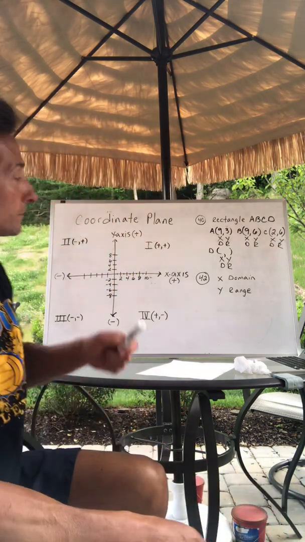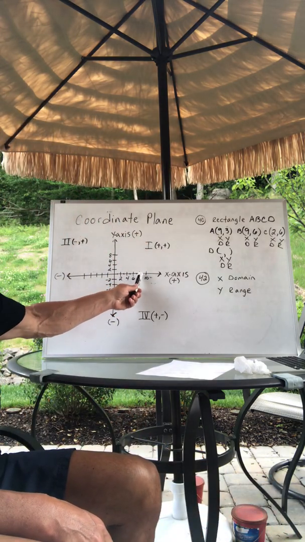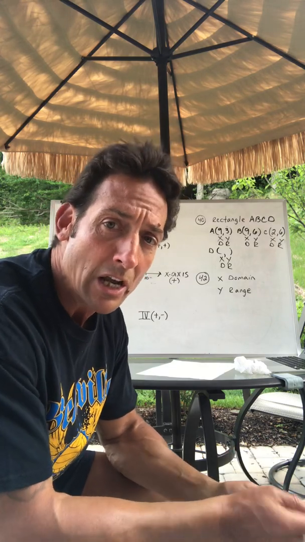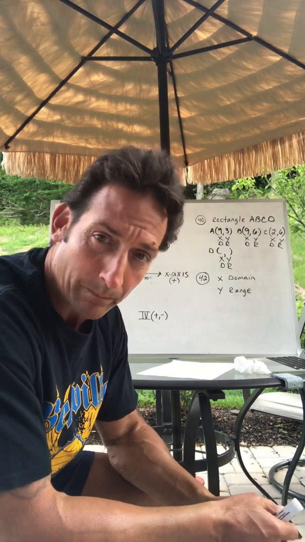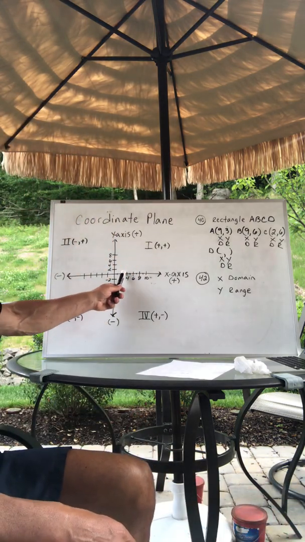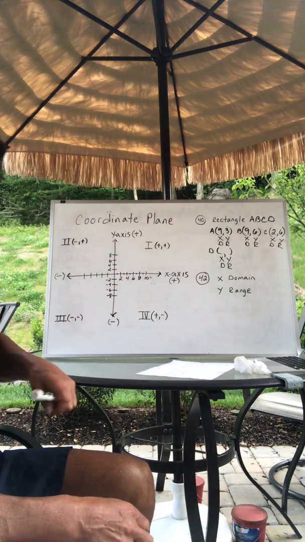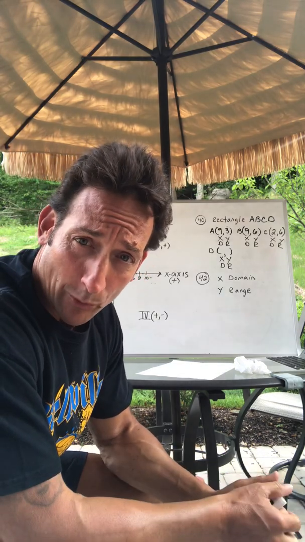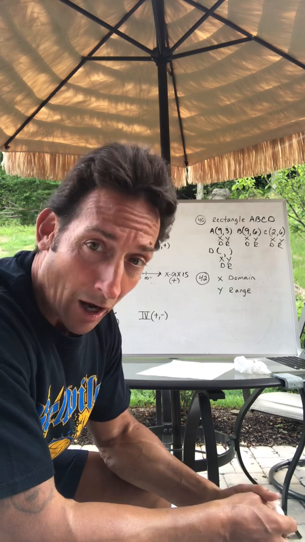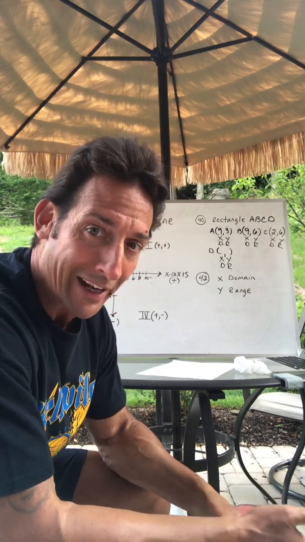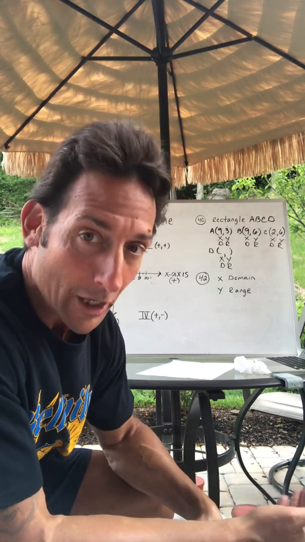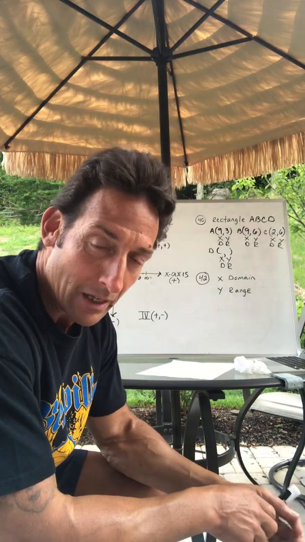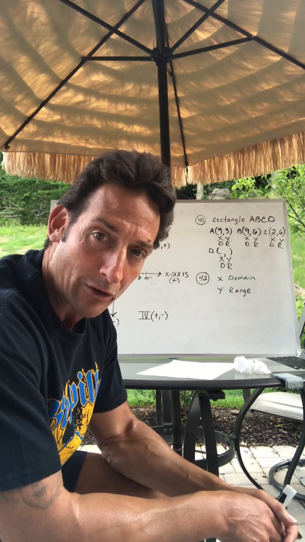So what I did is the big dashes I counted by 2s, and I put a little dash in there to know that that's by 1. So make sure you always number your number line. So in the next question, when they ask you where does M lie on what axis, remember you're on an axis. You're not in a quadrant. So if you're on an axis, you're either X or Y. So know the difference between your quadrants and your axes. Awesome.